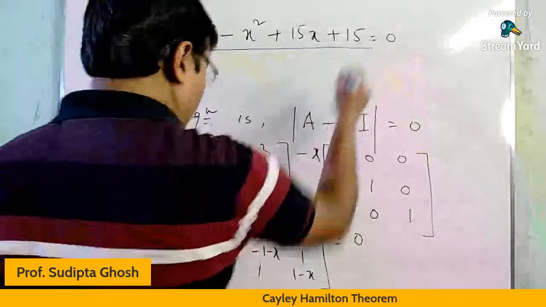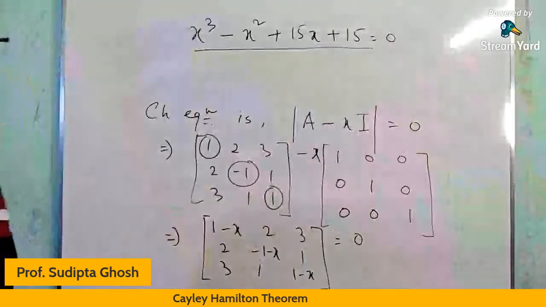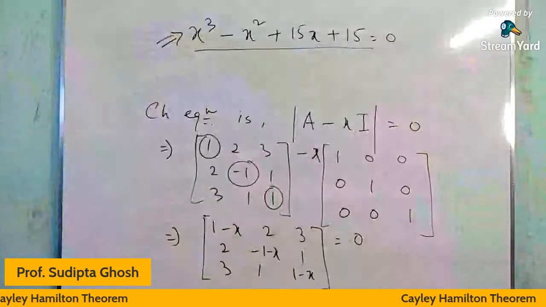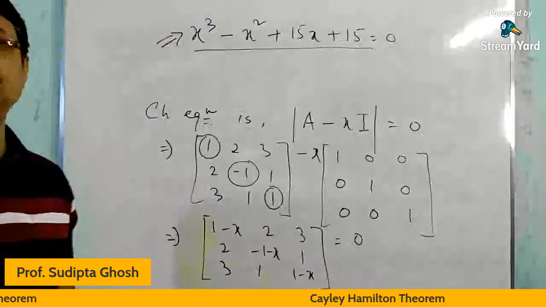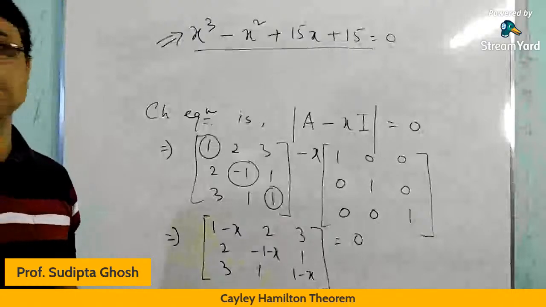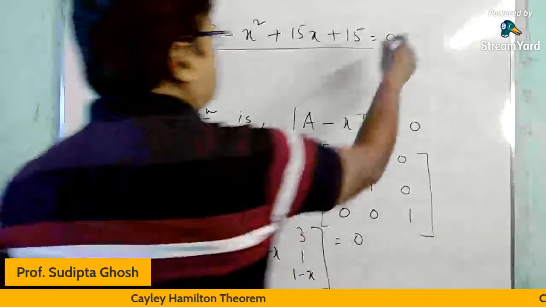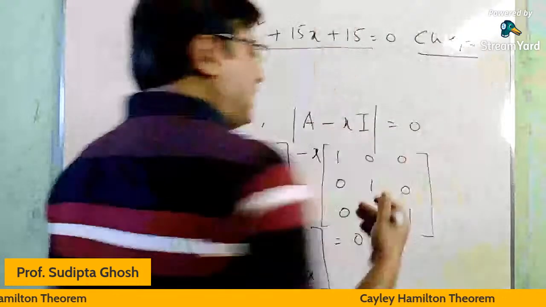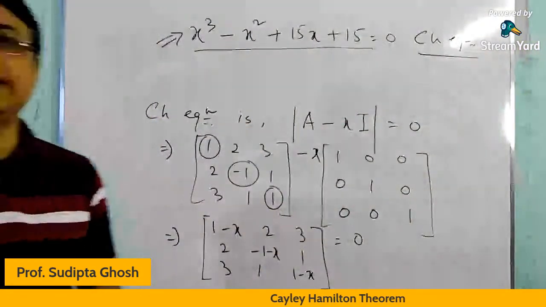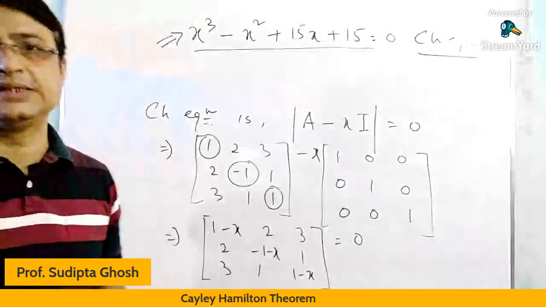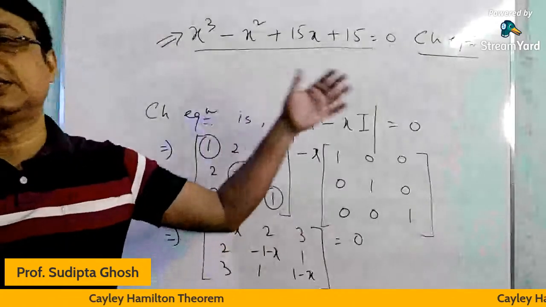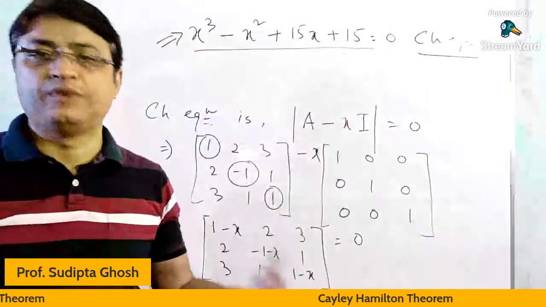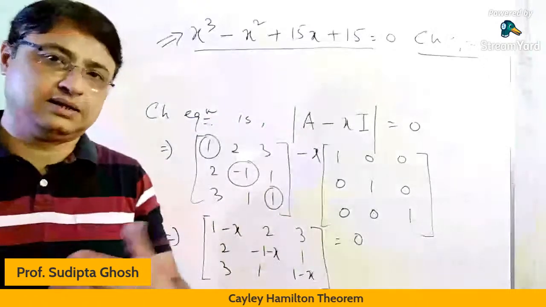Just a few steps from here and you will get this, and this is the characteristic equation. So the first part of our problem, finding the characteristic equation for A, is done. Now the second part: how to verify the Cayley-Hamilton theorem.